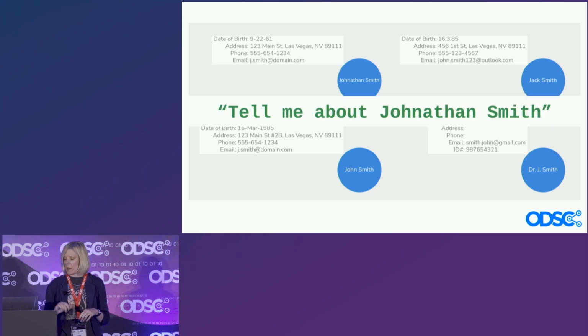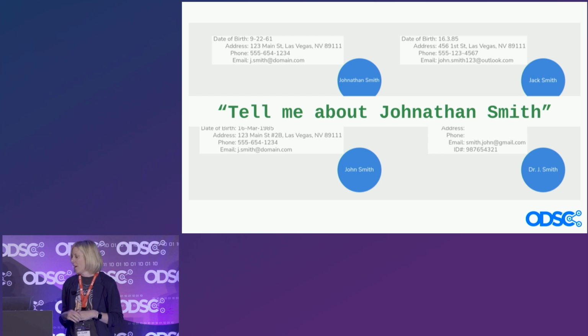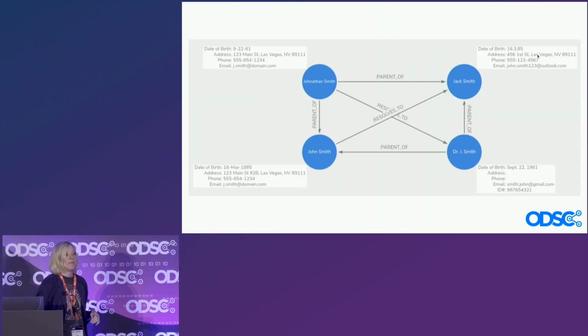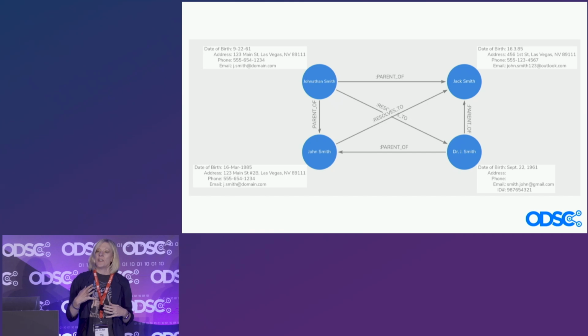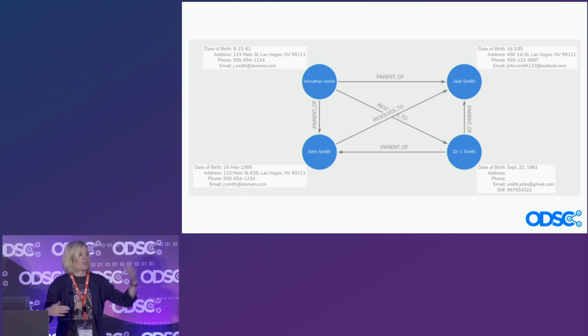Let's look at what if I wanted to ask this data a question. Tell me about John Smith. What's going to happen to your AI if you do that? Nothing good. Unhappy AI bot, right? It's because your Gen AI application did not understand how these entities resolved with each other. You see the cross that's going in the middle here.